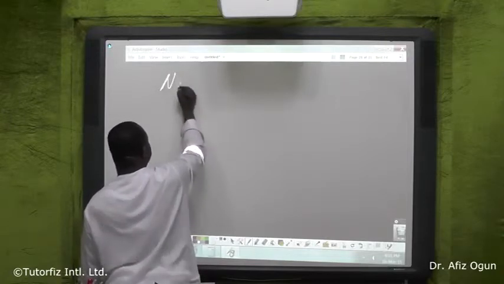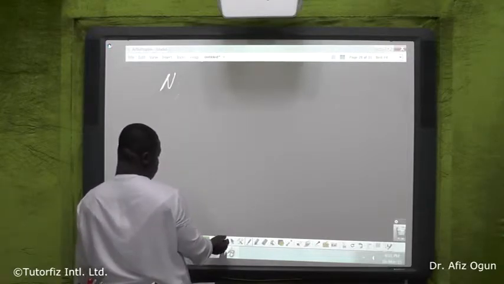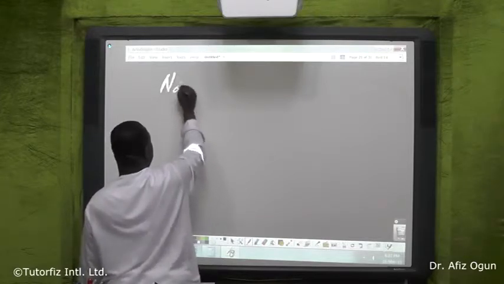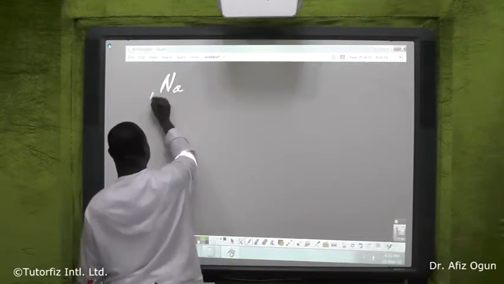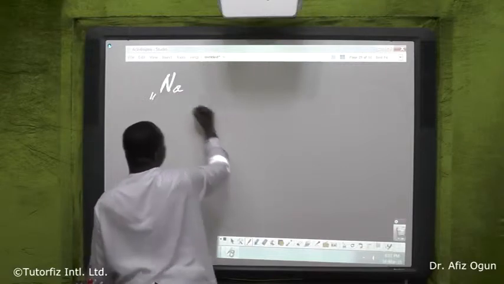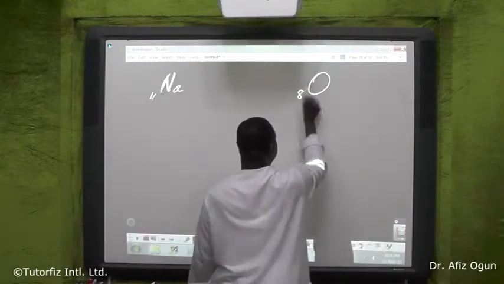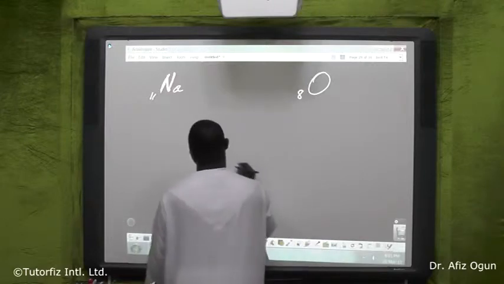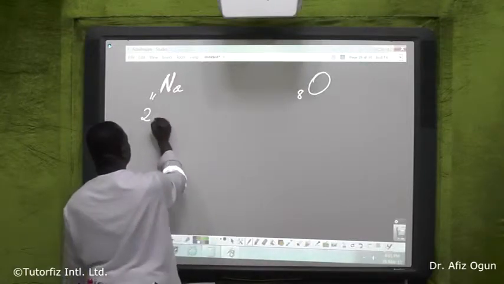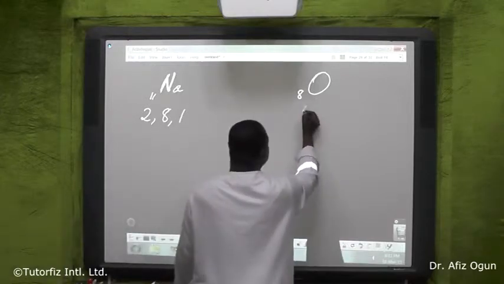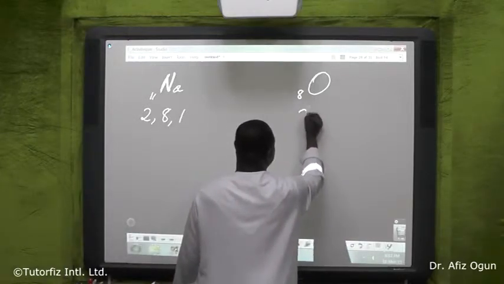Sodium, which is 11, and oxygen, which is 8. Sodium is 11, as you know, 2, 8, 1. Oxygen is 8, and it is 2, 6.